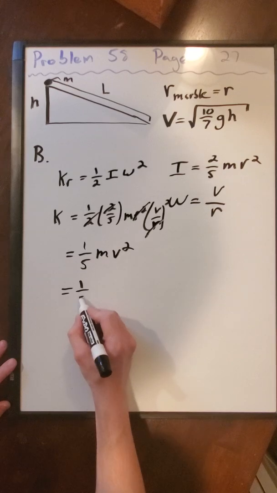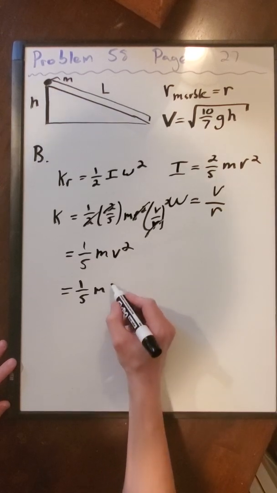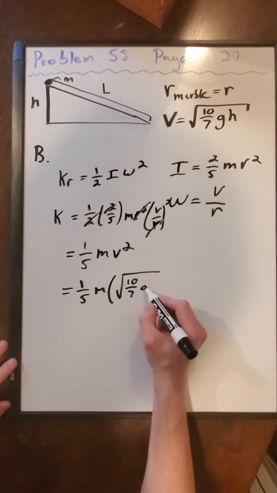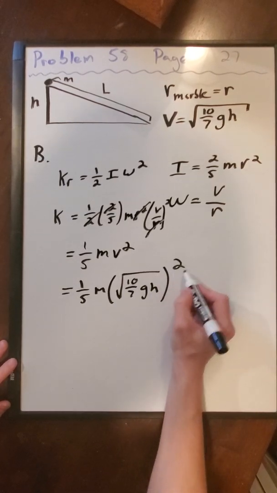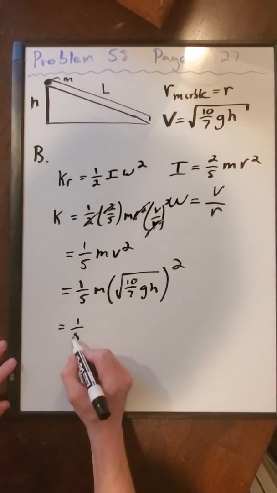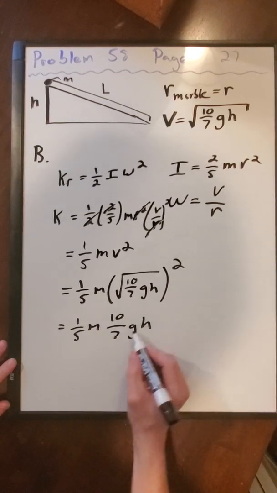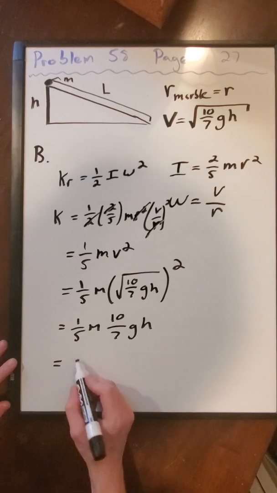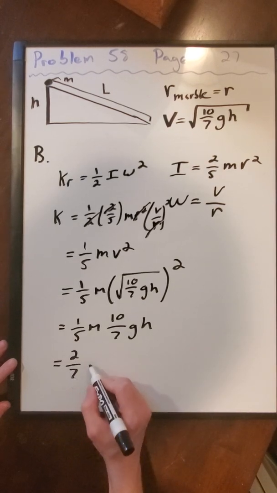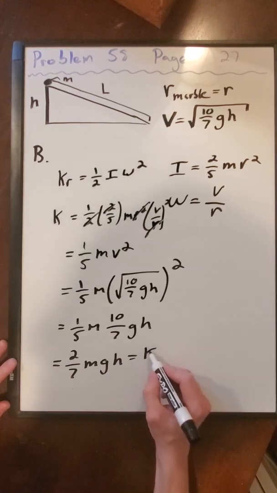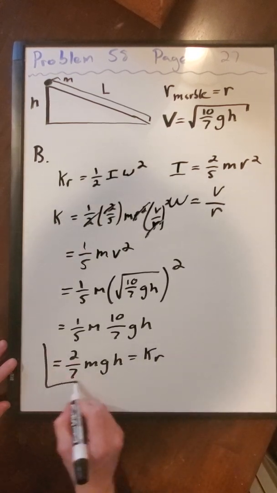So we have 1/5 times the mass times our velocity squared, which is the square root of 10 over 7 gh squared. We can simplify all that down, and we get 1/5 times the mass times 10 over 7 gh. We can simplify this further, and we're left with 2/7 times the mass times gravity times height is equal to our rotational kinetic energy for part B.